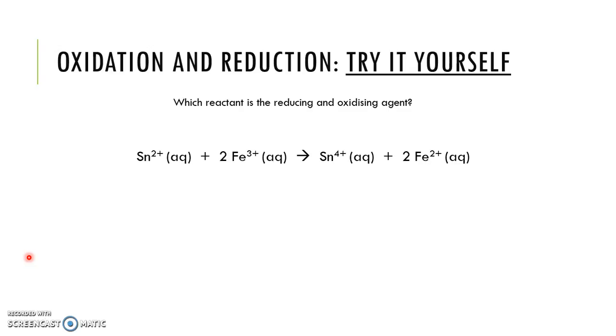You can try this yourself using the equation from the earlier example. Which reactant is the reducing and which is the oxidizing agent?